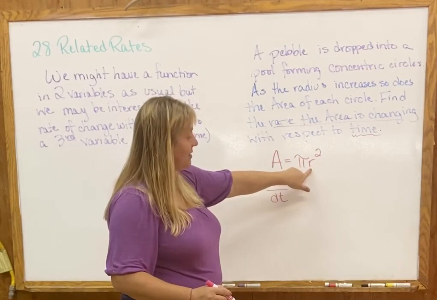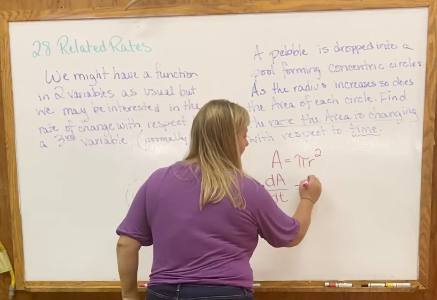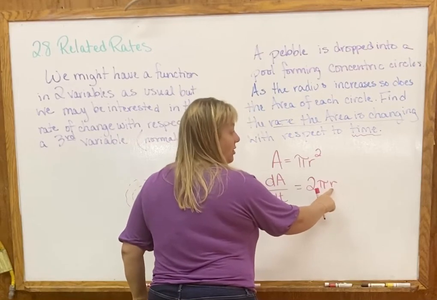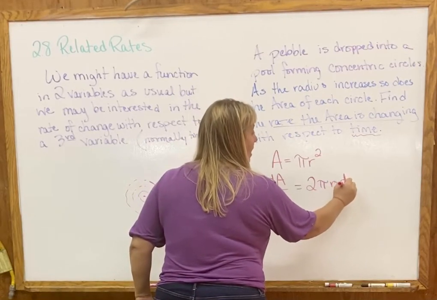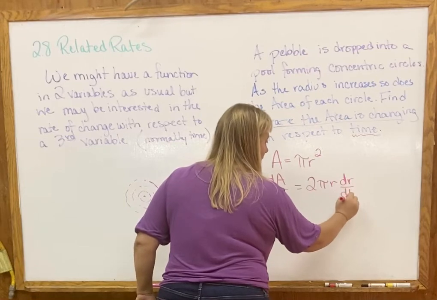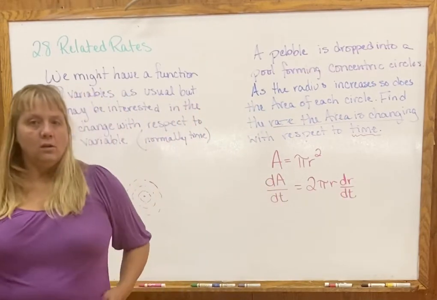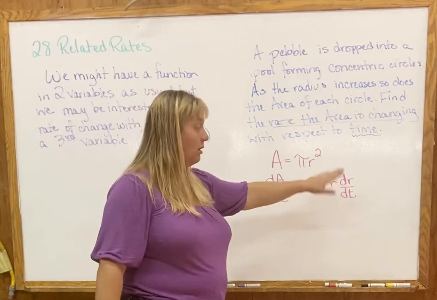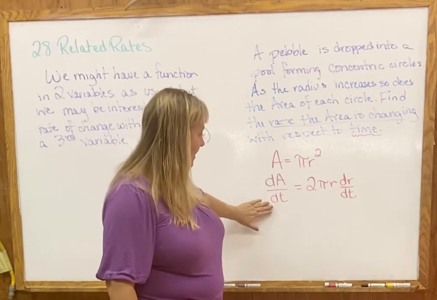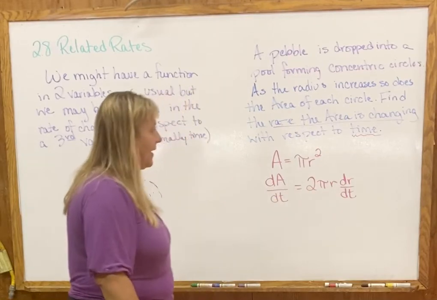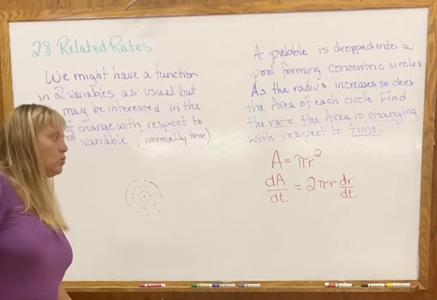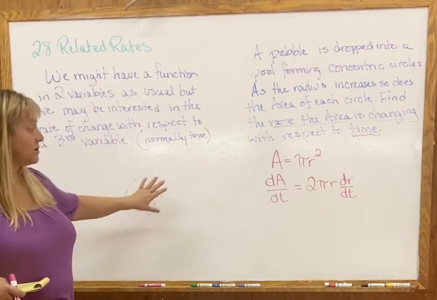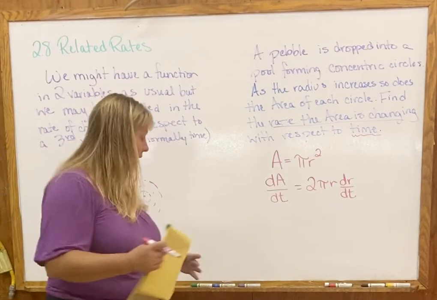So the radius is the variable, so we're going to bring down the 2. So we'll have 2 pi r, but we just took the derivative of r, so we're immediately going to follow it with dr/dt. So no matter what variable it is, if it's A, dA/dt, if it's r, it's dr/dt, okay? But it's going to have a dt in the denominator, and that's giving us this respect to time. So this is the derivative for these concentric circles with respect to time.